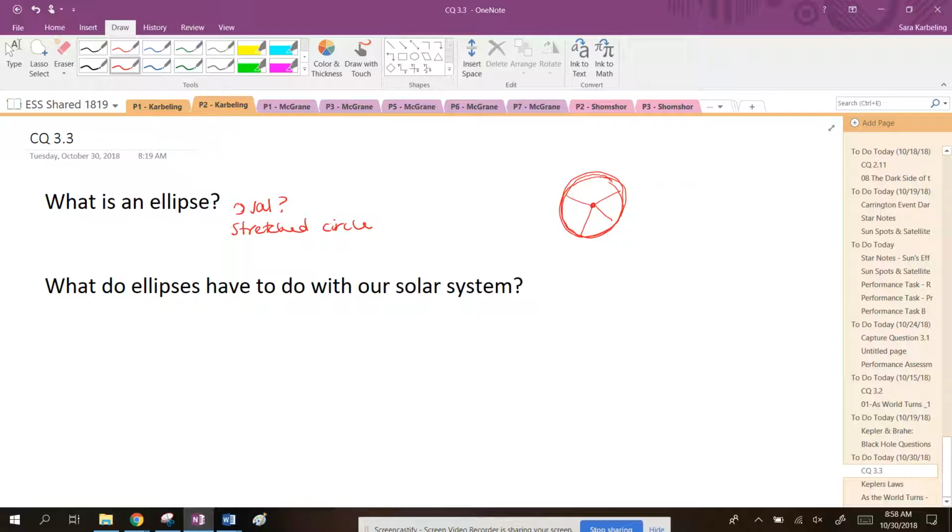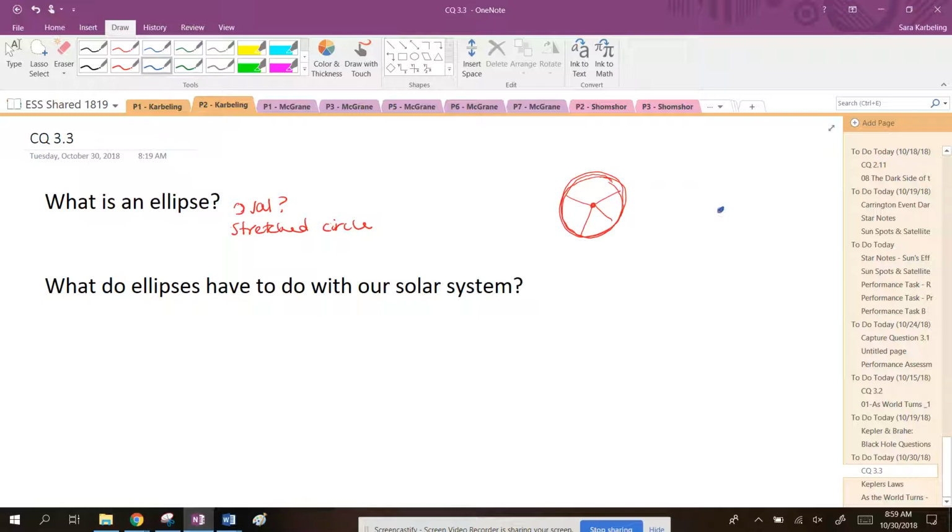Do you remember when you were doing your lab yesterday with the ellipse? Did it have one nail in the middle and then you stretched that all the way around? No, it didn't. What did it have, David? It had two nails, didn't it? So it's kind of the same idea. You have two dots.